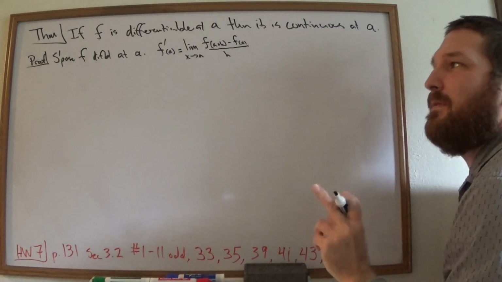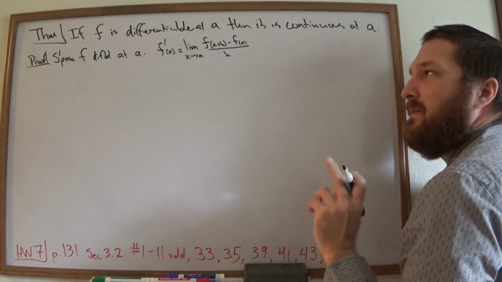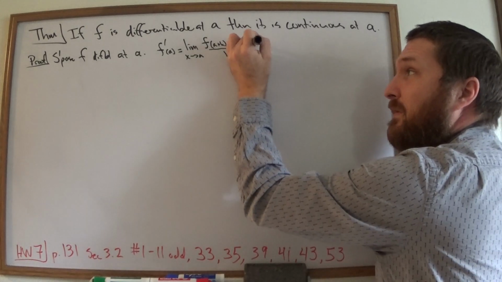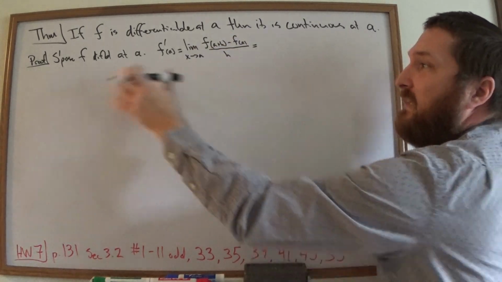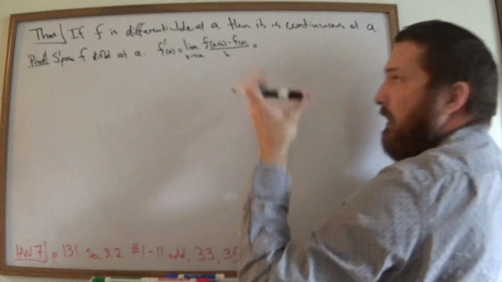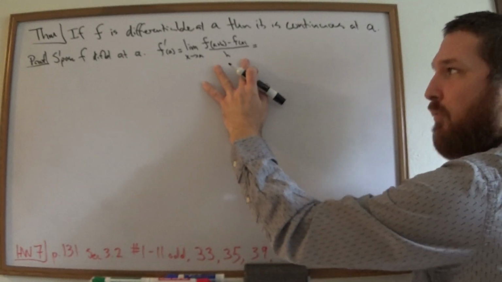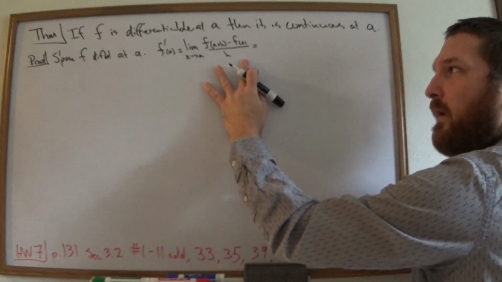But this is one of those cases where it will be useful to rewrite this. If we were just given an f and told to calculate the derivative, this would probably be the easiest way of going about it.